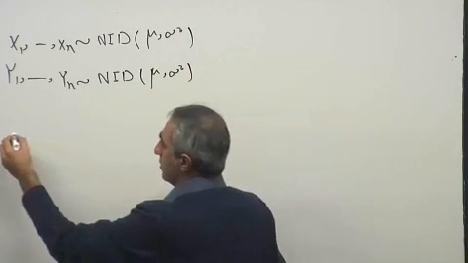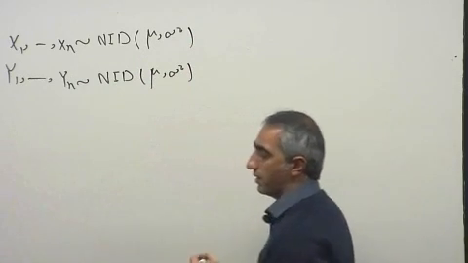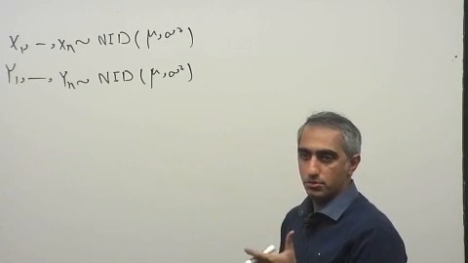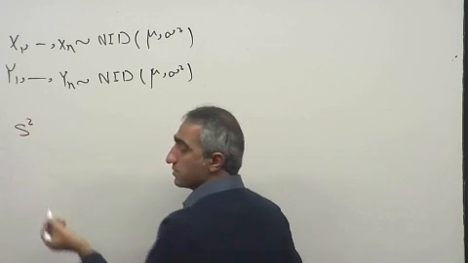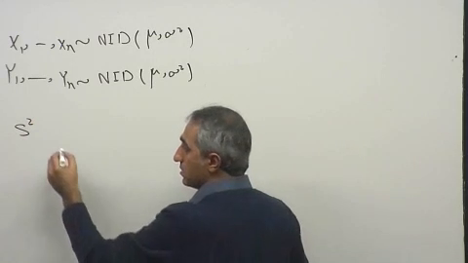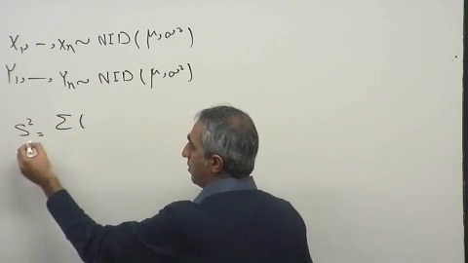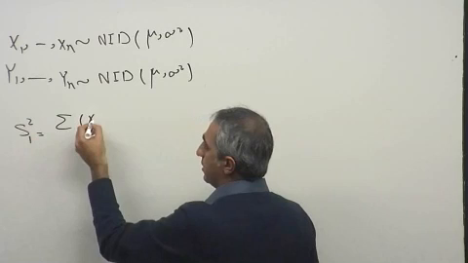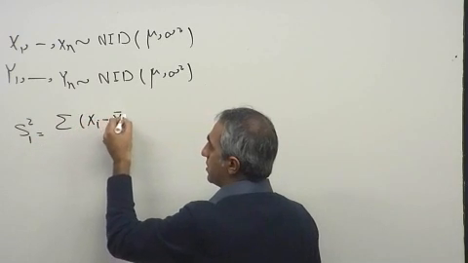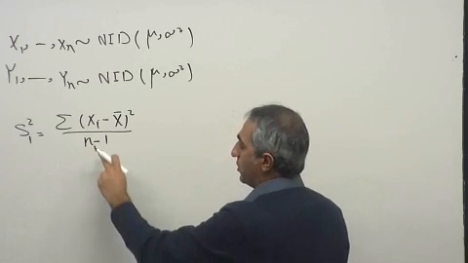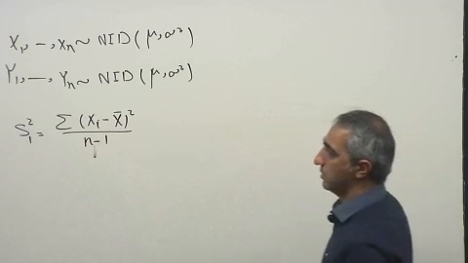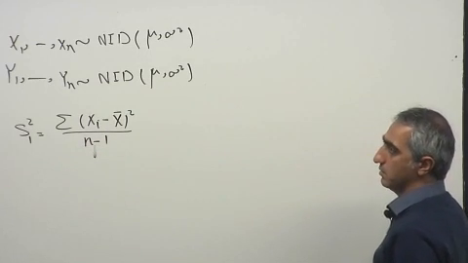The key information that you should know for solving both A and B is the definition of S squared. So S1 squared is the summation of (xi minus x bar) squared over n minus 1. That's the only thing that you need to know.